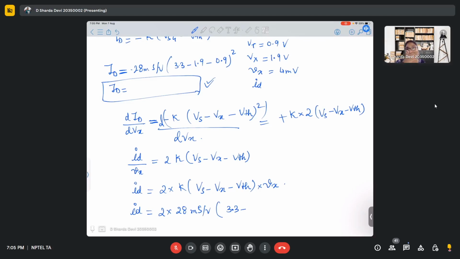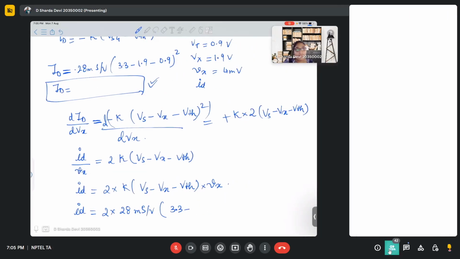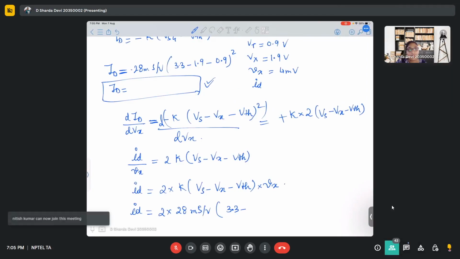What will be the voltage that we'll be using here? What is the value of Vx? Will it be 1.9 volts or 4 millivolts? 1.9, because this is part of your DC current, right?